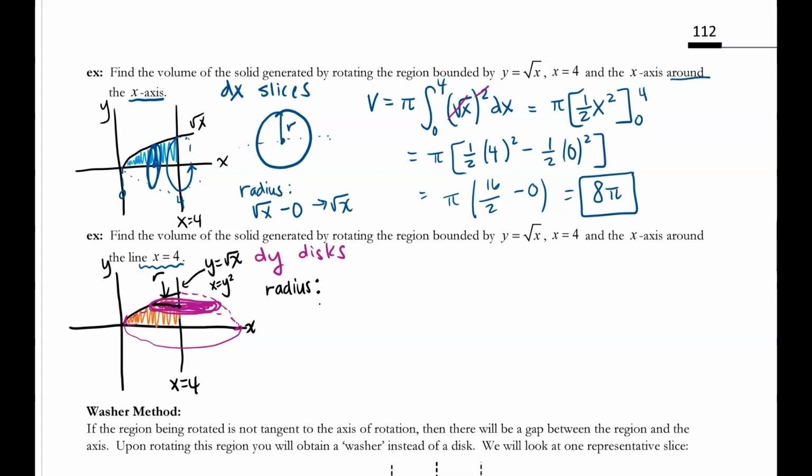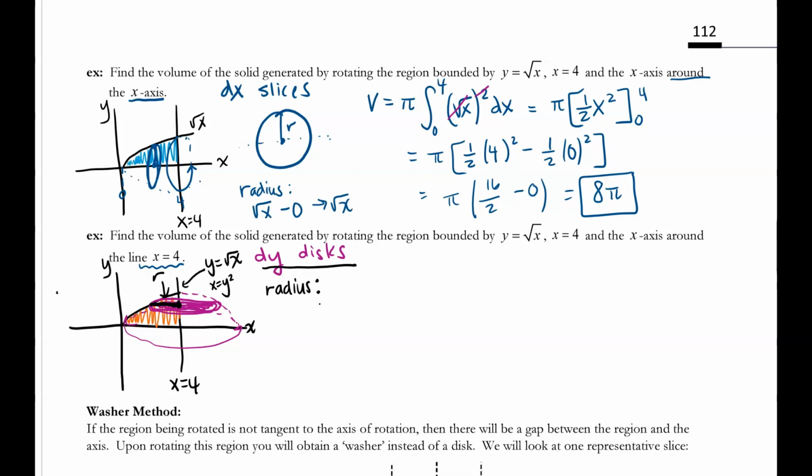When we take the region that we had from the last example, but we're rotating it around the line x equals 4, it's going to rotate kind of like the example on page 111 that we're looking at. So we're going to get dy discs again, and the radius, I want to think of that from x equals 4, from that line, going out to the edge of the disc to our original curve.